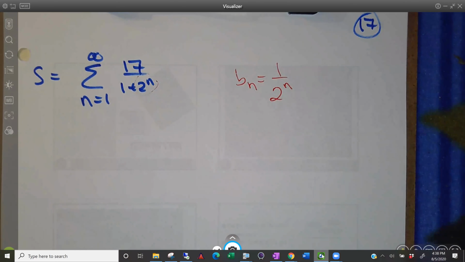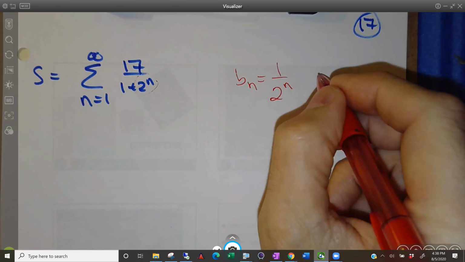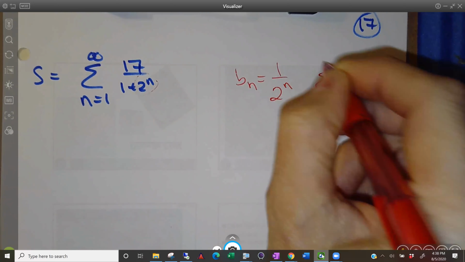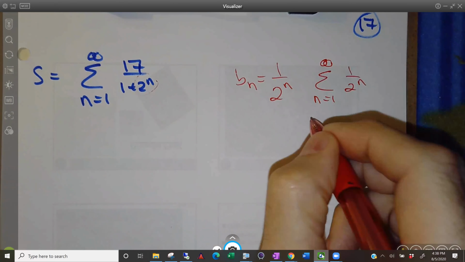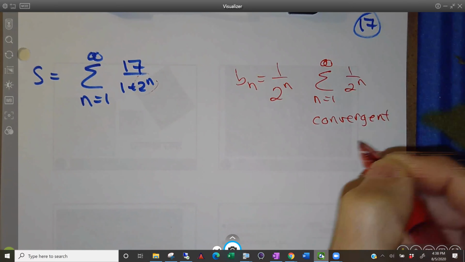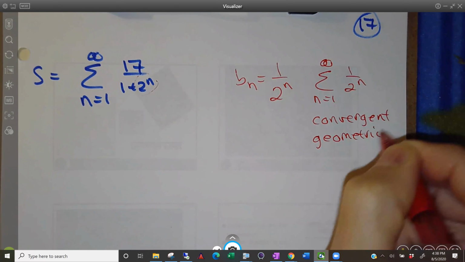Okay, I can do that. And use that as my limit comparison test, because I know that this sum, n equals 1 to infinity of 1 over 2 to the n, that's going to be a convergent, don't say P series, it's a convergent geometric series.